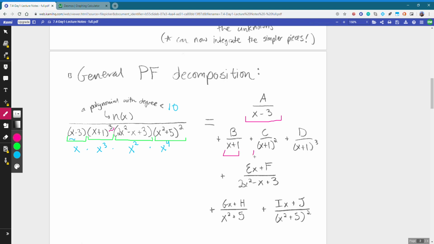So we'll have 1, 2, 3 terms associated to that pile, where the exponent on the denominator goes up from 1 up to the exponent that we see from our function. And in the numerator, because x plus 1 here is linear, just degree 1, we only have to allow for the possibility of there being some constants up there that we'll need to find.